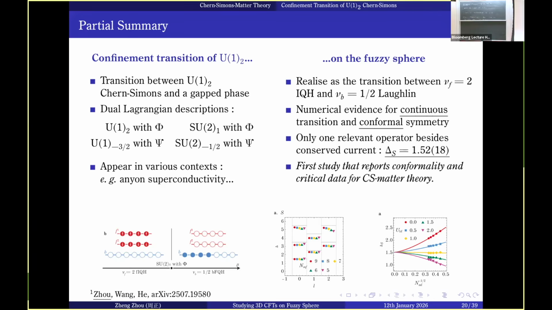Why do you call it a confinement transition? What is confined here? The gauge field is confining. So by the confinement transition, what I mean is a transition between U1 level 2 Chern-Simons theory and nothing, a trivially gapped phase. I wanted to call it a Higgs transition of U1 level 2, but then, as you have said, we're not completely sure that this transition is described by these Lagrangians. I don't see what's confined here. The anyons are, can I say the anyons are confined?